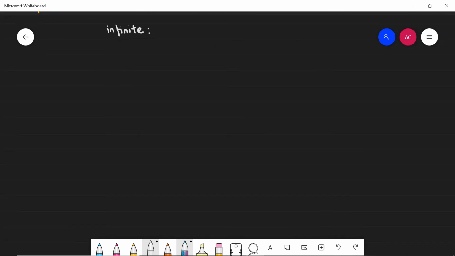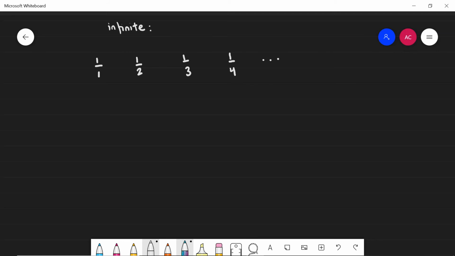Okay, so let's write down a table. Now, this table is going to contain all possible rational numbers. So I'm going to start with 1 over 1, and then 1/2, and then 1/3, then 1/4, and then I go off for my ellipses.